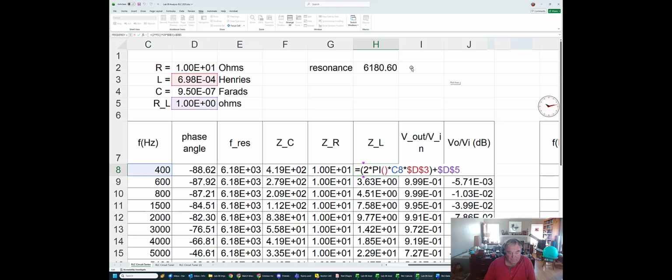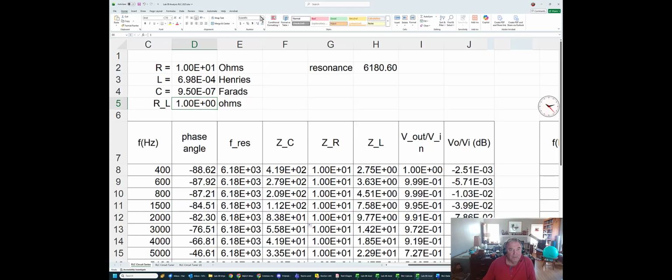So every inductor has some small resistance left to it. And I suppose we could change that to a number, it looks weird as scientific. It makes it look large when it's not. There we go, 1 ohm. And this one could be a number too, I suppose.